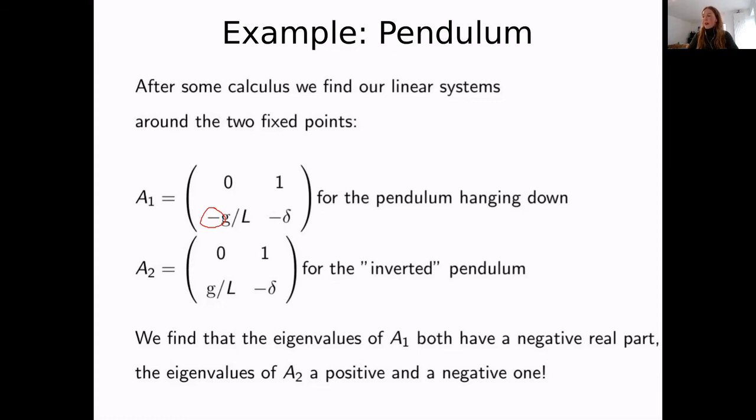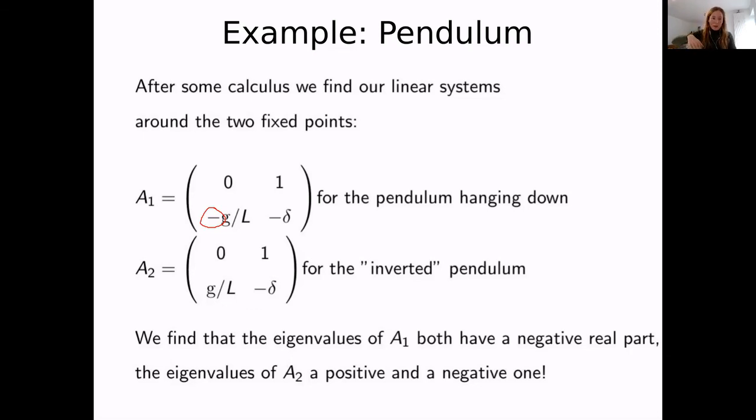Okay, what about the inverted pendulum? And here we find that there's one positive and one negative real part of an eigenvalue. And this gives us that it's an unstable fixed point. And this is what we already knew, right?